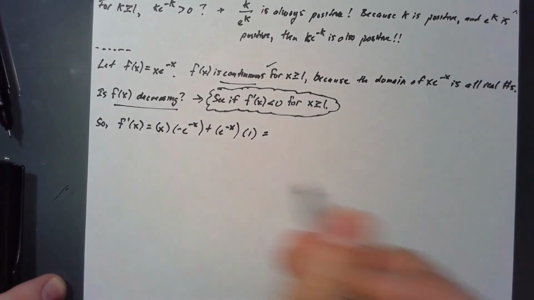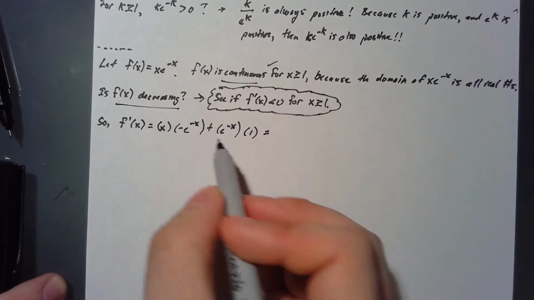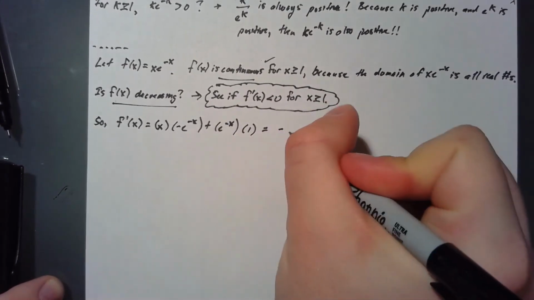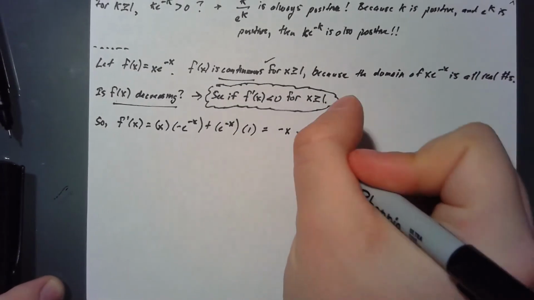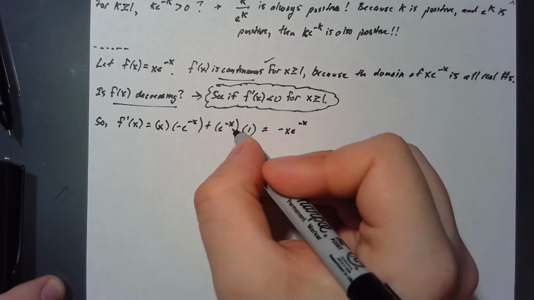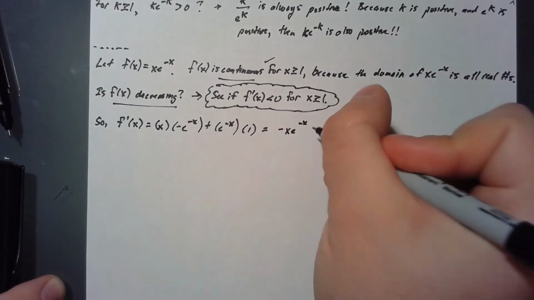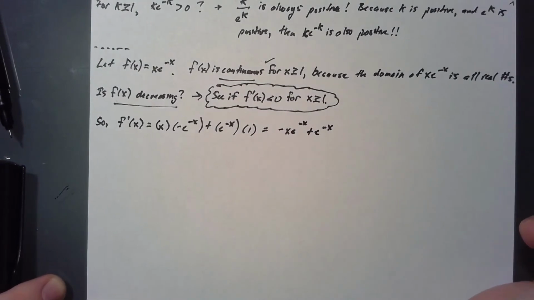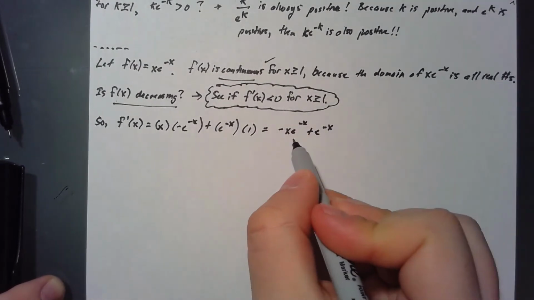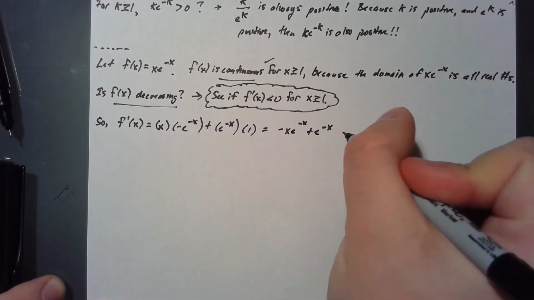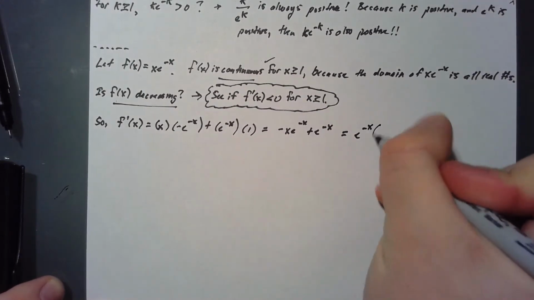So if I simplify this a little more, this is going to be negative x e to the negative x plus e to the negative x, right? If I factor e to the negative x out of here, what do I have left over?